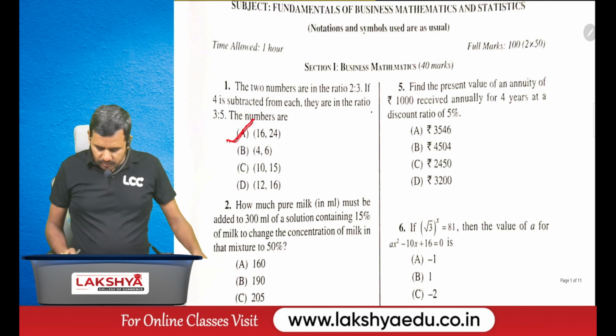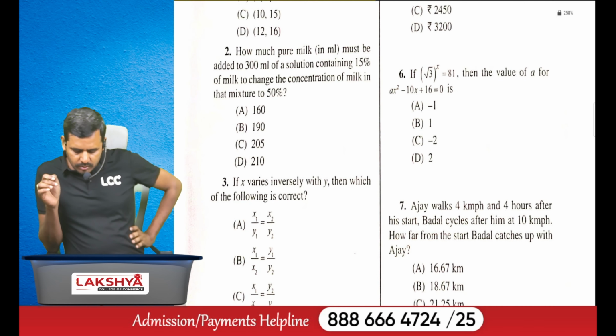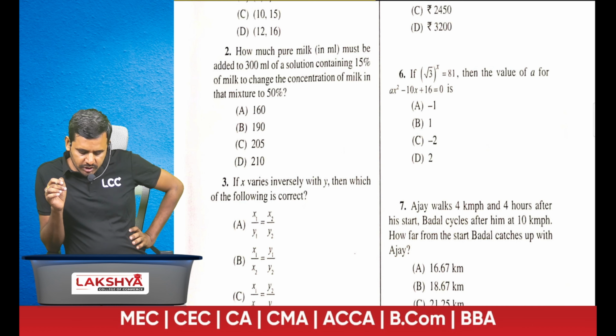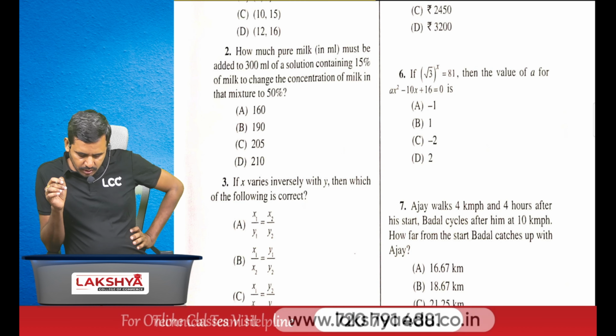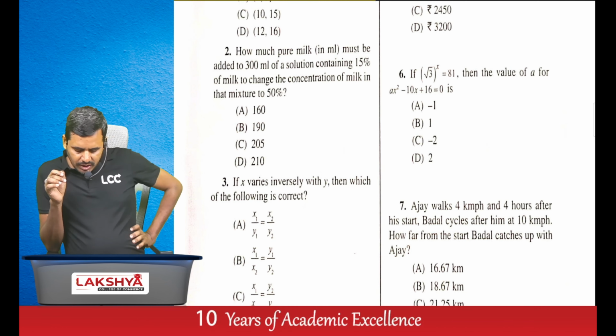See the next one, the second question. How much pure milk must be added to 300 ml of the solution containing 15% of milk to change the concentration of the milk of the mixture to 50%?